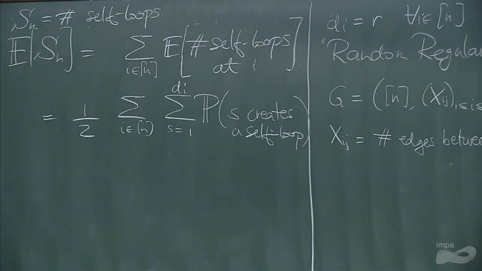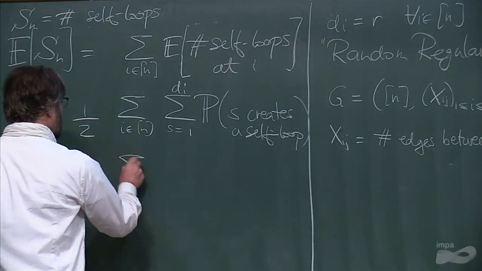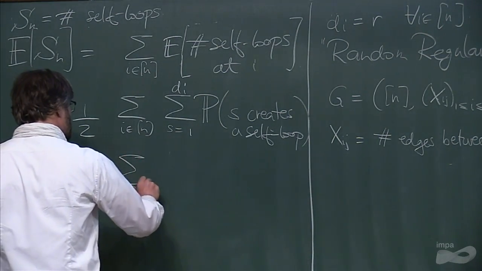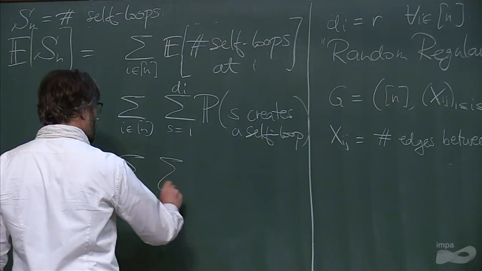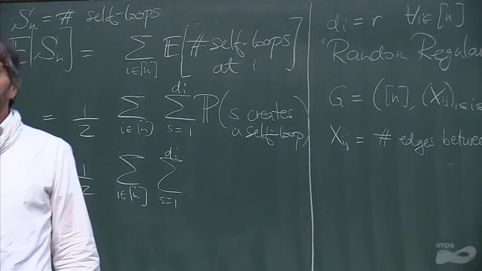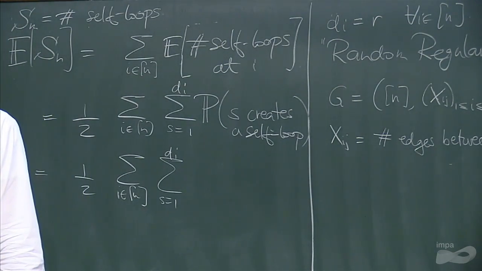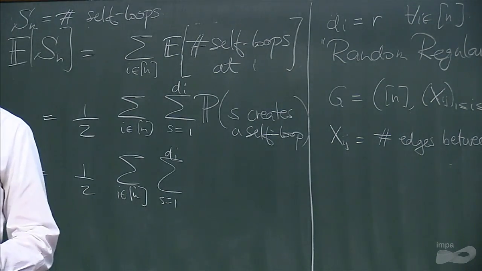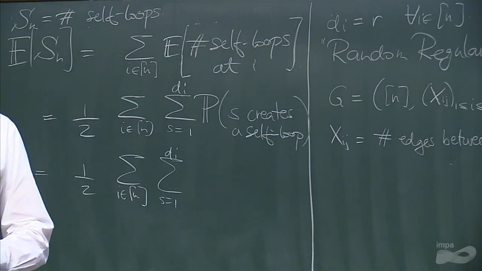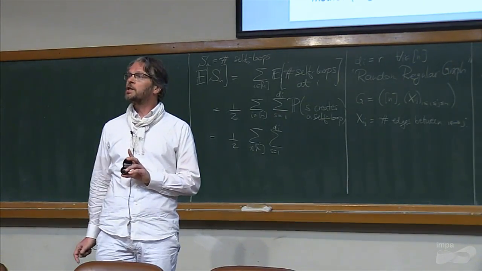Very good, so that's one step to go. Now we're going to use the very nice property of the configuration model, that the order of attaching the half edges doesn't matter. So I might as well think of this half edge s as being the very first one that I'm pairing, and then I look at the probability of creating a self-loop.